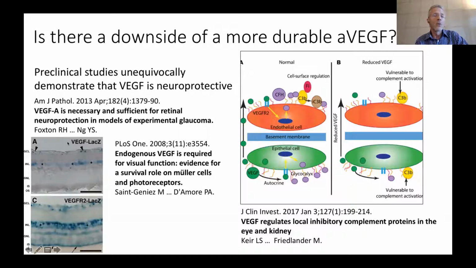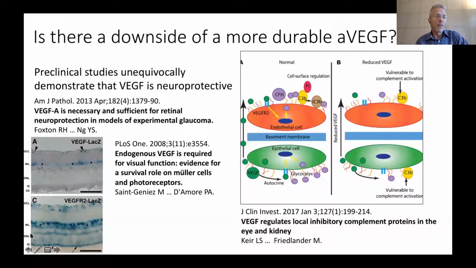What this shows us is that the layers of the retina in which VEGF is being produced include the ganglion cell layer and the inner nuclear layer. So the point is that in a healthy mouse eye, there are a number of cell types within the retina that produce VEGF.